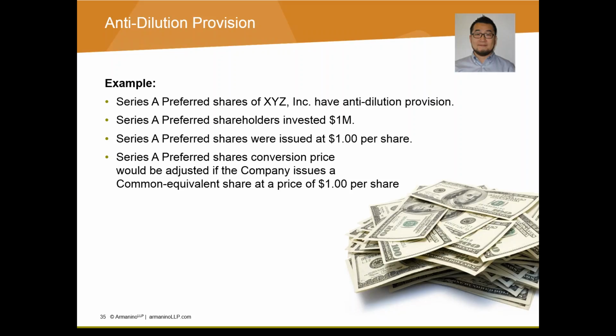And so by the anti-dilution provision definition, Series A preferred shares conversion price will be adjusted if the company issues any shares, whether it's preferred or common, at a share price below $1 per share. So if, for example, Series B comes in at 50 cents per share, then the conversion price of Series A preferred shareholder will not be 1-to-1 anymore. So it's more likely something higher than 1 at that point.